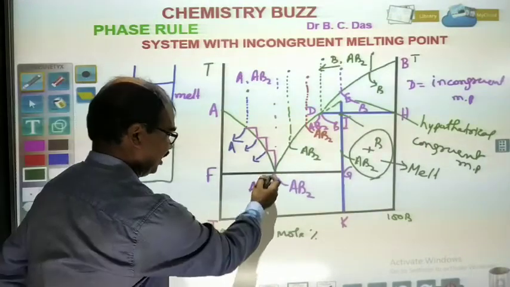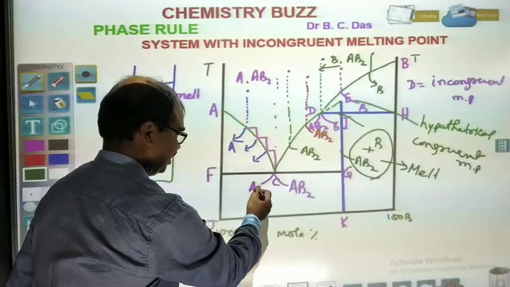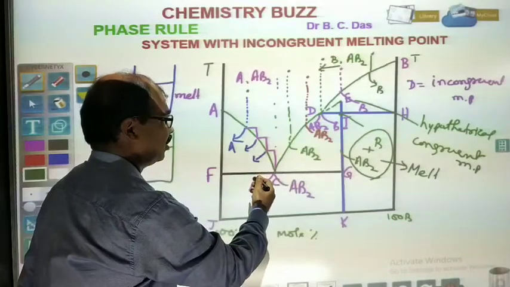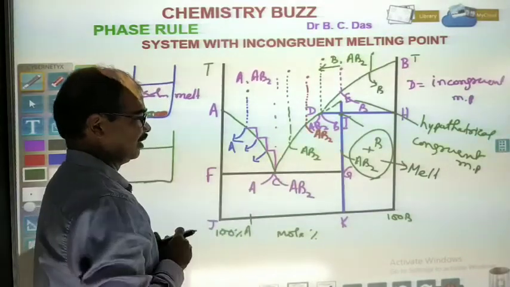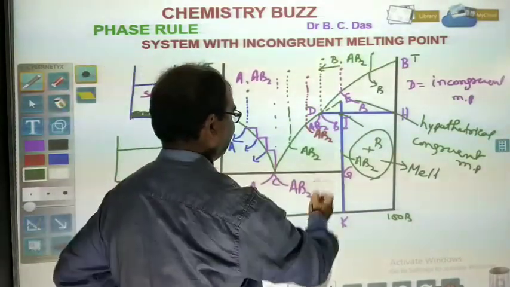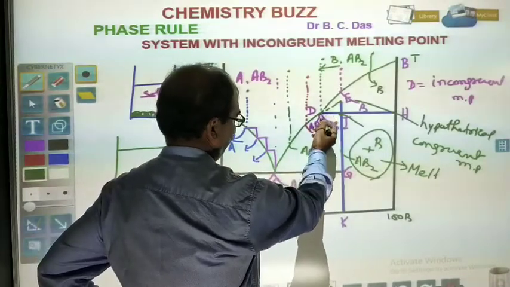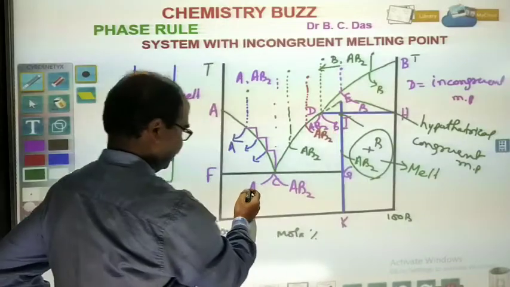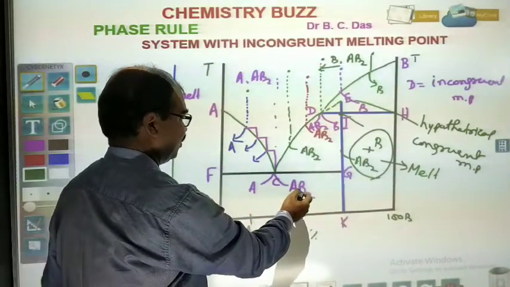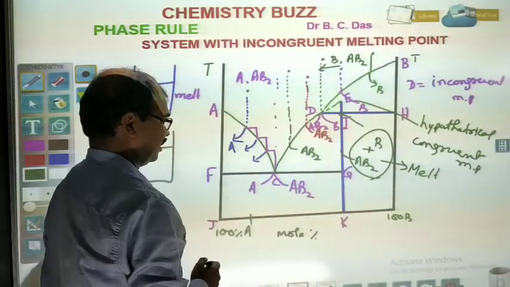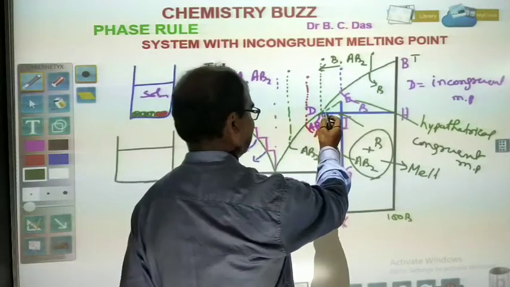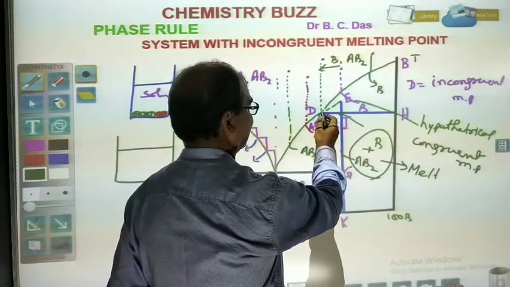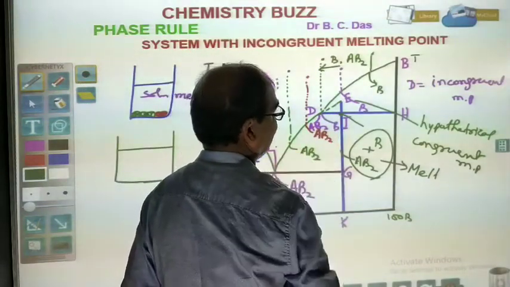This point C is the eutectic point. Here is one doubt: at this point there is also formation of AB2 and B, and at this point there is formation of A and AB2. This one is called a eutectic point, but that one is called the incongruent melting point.